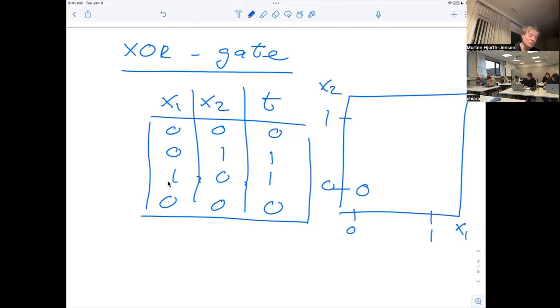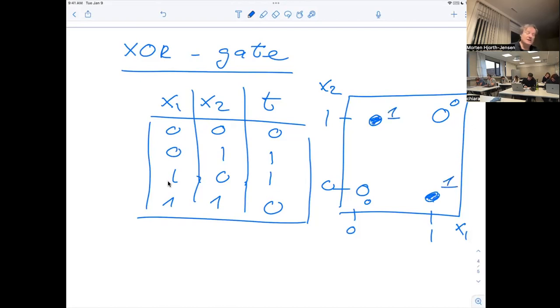I use an open circle here to indicate that that's 0. And if I have 1, 1, sorry, this was wrong, let me rewrite it. This is 1 and 1, and that gives 0. So if I have 1, 1, I also get 0. And then if I have 1, 0 or 0, 1, then I get 1.